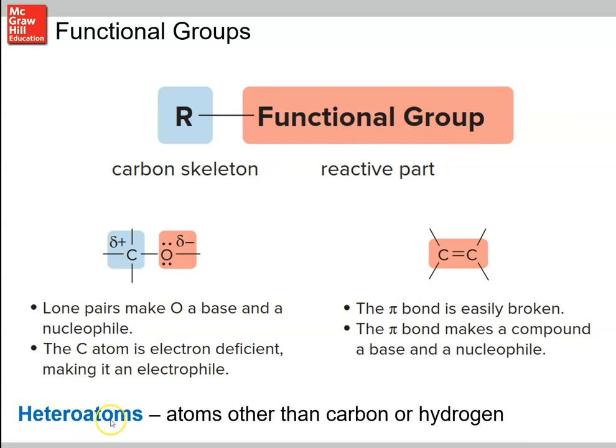That's heteroatoms. However, at times we also consider double bonds, which a lot of times will be between carbon-carbons or triple bonds. Pi bonds are easily broken. They can be used as a base and a nucleophile source. So these double bonds also are considered functional groups, even though they're not heteroatoms.